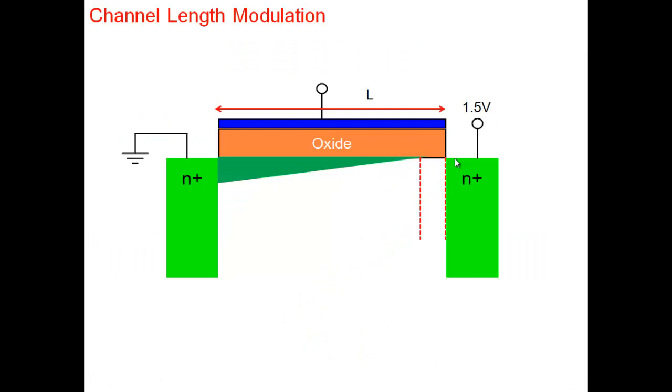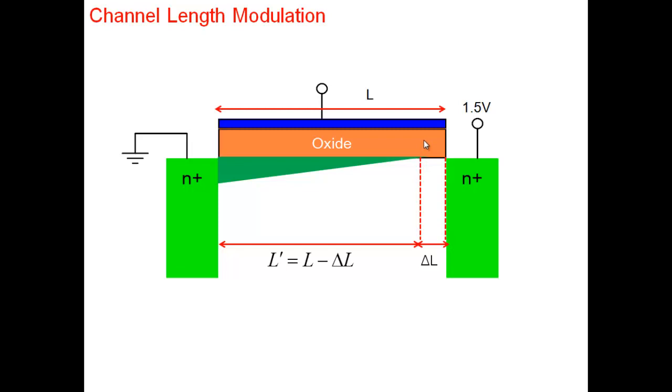All right, so the consequence of this is that when we apply 1.5 volt, earlier the pinch off region was a point. We said it's at this particular place. Now the pinch off is a region of a certain length delta L. The voltage here is 1.5 and this is 1 here.